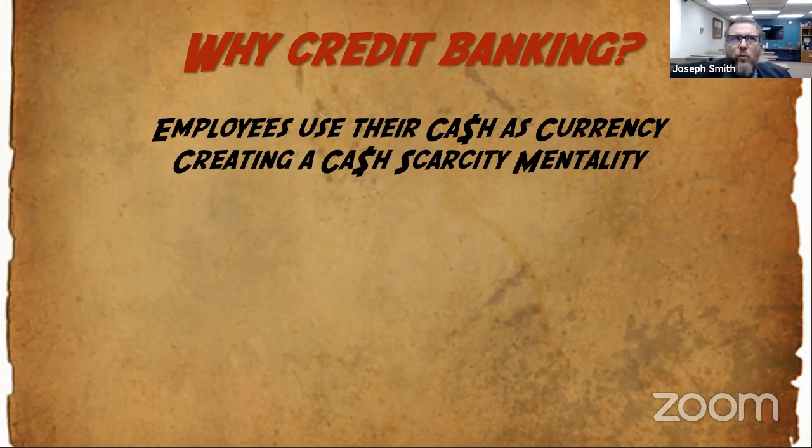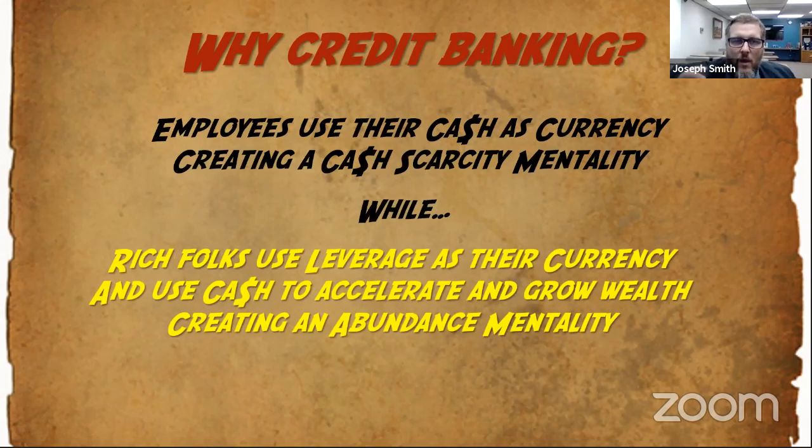Credit banking is a way for us to utilize leverage, other people's money, and to change that mentality. So rich folks, they use leverage as their currency, and they use cash to accelerate and grow their wealth by creating an abundance mentality. All right.